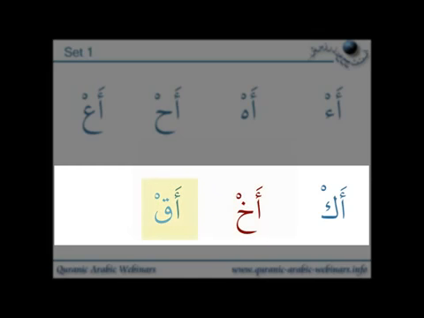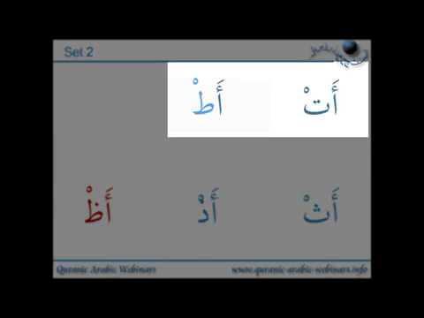And the third one is the qaf, which with sukun, i.e. when it's sakin, is qalqala, i.e. it's an echo, "aqqa". So go through those three again: ak, akh, aqqa.